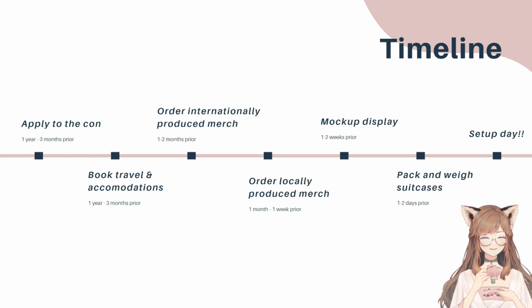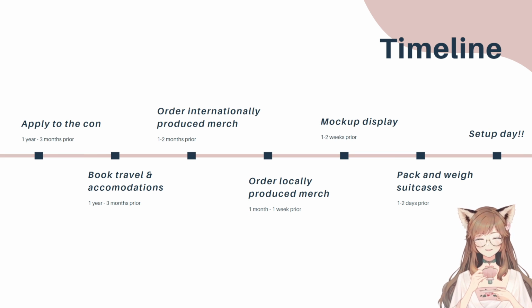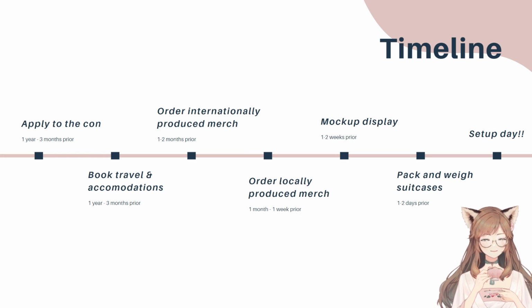I feel like I'm maybe the only one who prepares this early, because I always see people cramming merch 1 day before the con. But whatever, I'm just an old lady who likes to prepare.